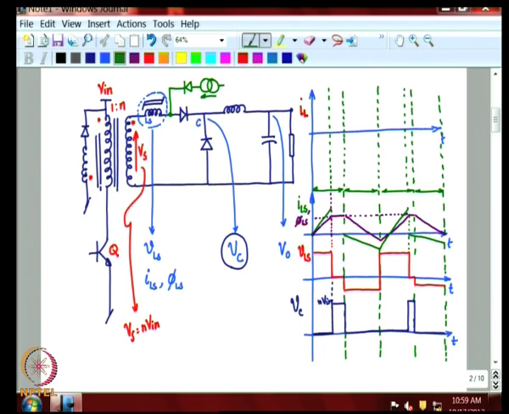As far as the inductor is concerned, this portion is the time the inductor will consider as on, and this portion of the time the inductor will consider as off time.